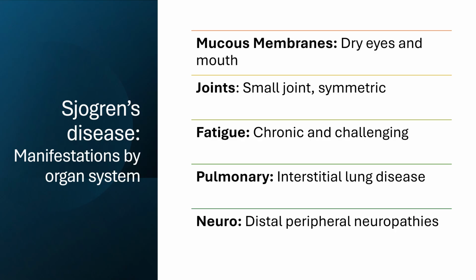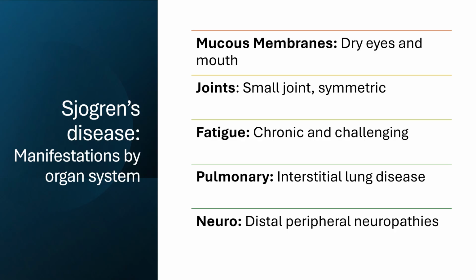As opposed to lupus, Sjogren's disease does often affect the lungs, and I will often think about interstitial lung disease in patients with Sjogren's who have any pulmonary complaints. The other way that Sjogren's will often manifest is with a distal peripheral neuropathy.